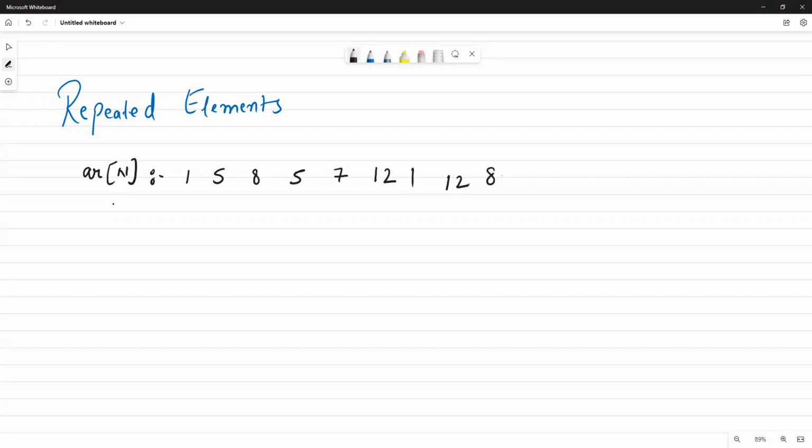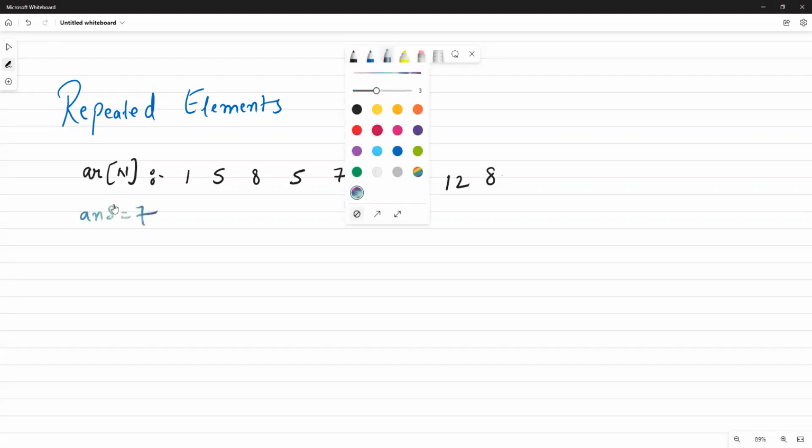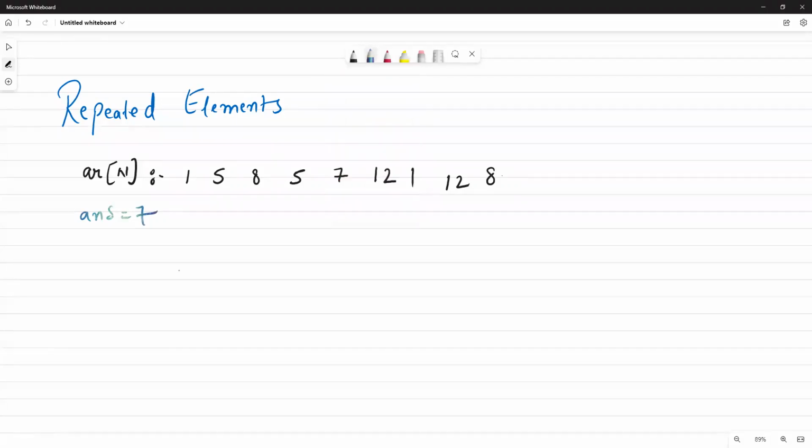So according to this particular array, the answer should be 7. Clear, guys, the question?